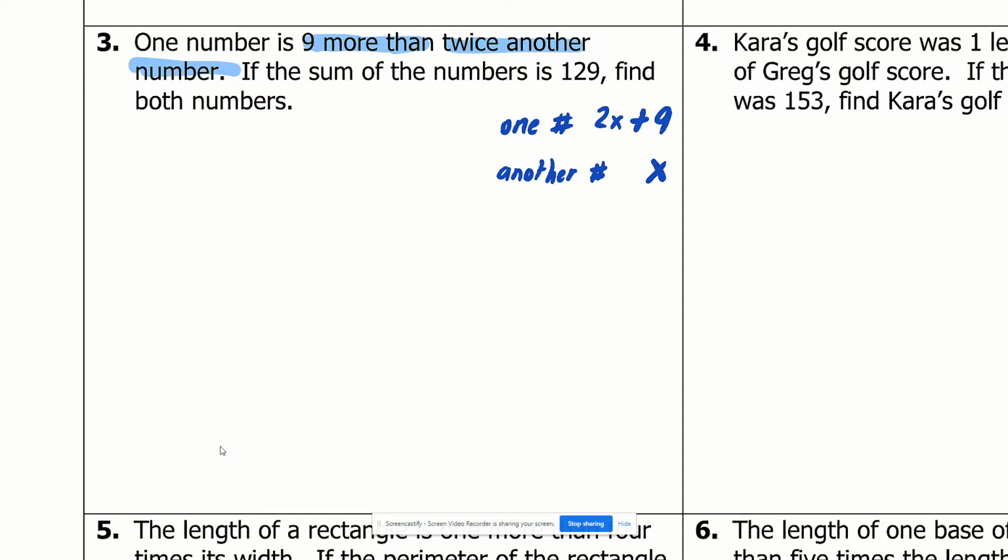Brayton said earlier, sum means what? It means adding. It says, if the sum of those numbers is 129. How do I write that? The sum means what? Adding. And what are we adding? Our two numbers. What were our two numbers?